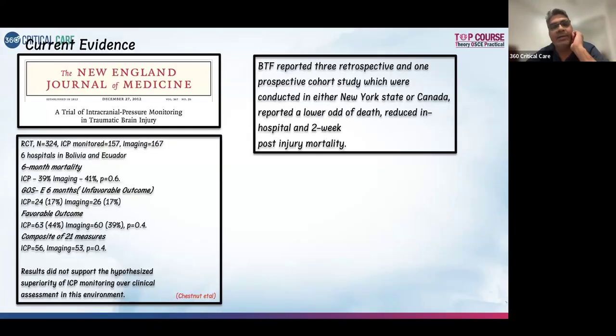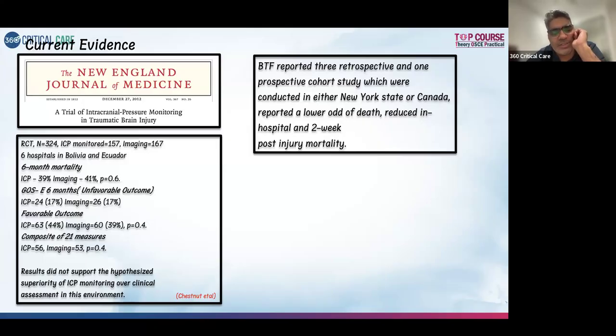Doesn't make any difference. Then there were three retrospective studies in America which looked at patient management with or without ICP monitoring, registry data analysis, and they found that when the ICP monitor was used for management of these neurotrauma patients, they had a decreased 2-week mortality post-injury.